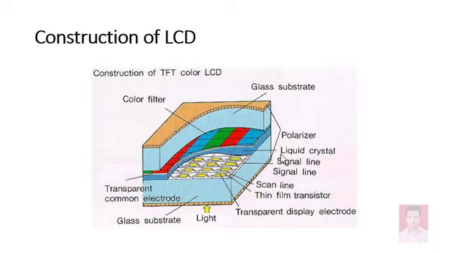Then the liquid crystal is placed over there, and this liquid crystal has this part. If it is a monochrome, that will have only one color. As it is now in this figure, it is RGB, so it has three colors. As this is given a transparent common electrode, in the same fashion the electrode is given here also. In some cases, you will see that a glass is used as a substrate.